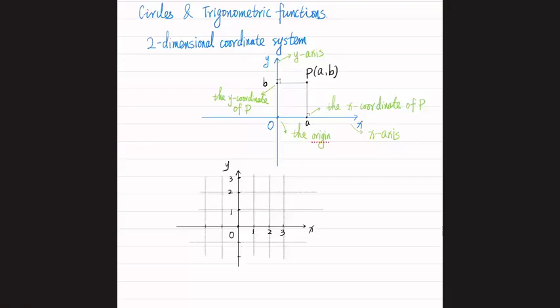Okay, let me give you a few points and ask you for the coordinates. This will be our A. This will be our B, C, D, E, F, G. Okay, a few points here and there.